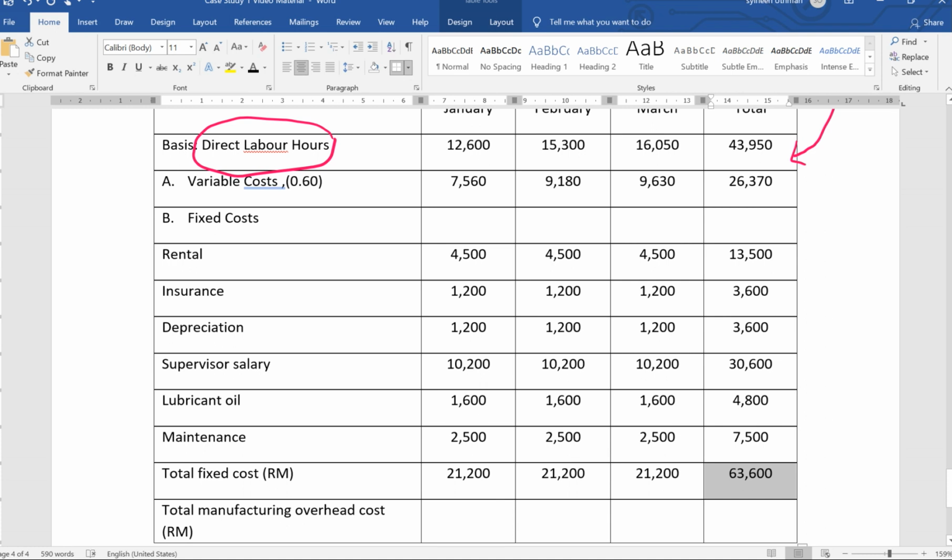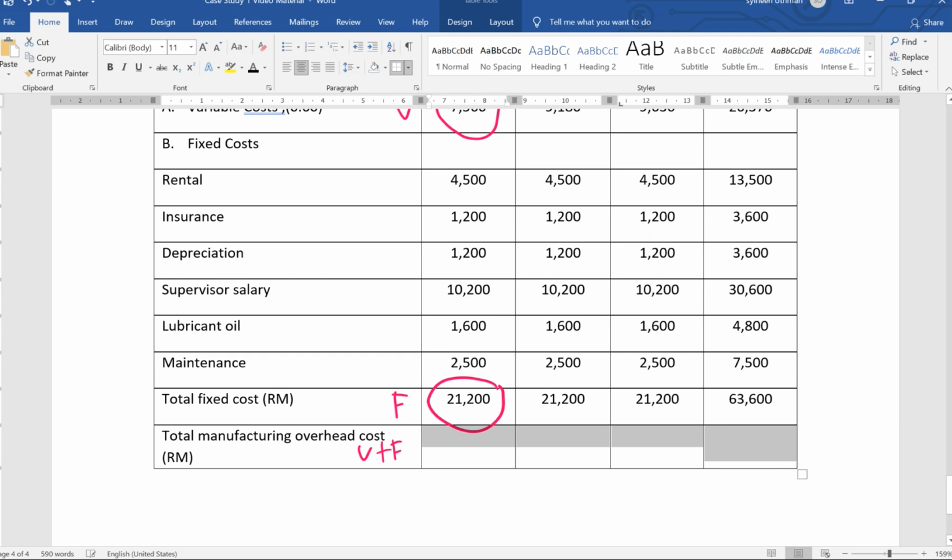Okay, so for your total manufacturing cost here, you already have the total for your variable, and then you have the total for your fixed. So this is V plus F below. The amount is what we add together.